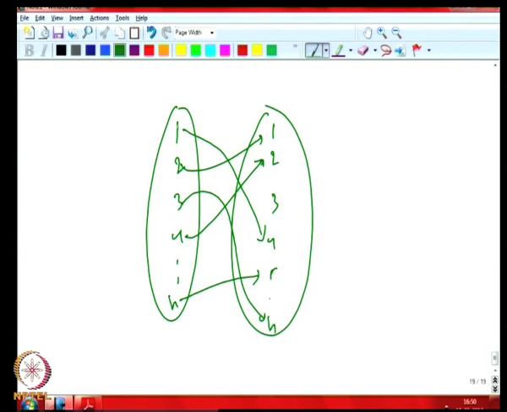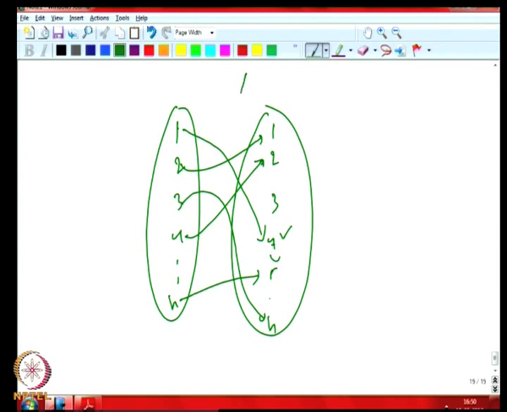Each object here gets a unique object there. This is the image of this, and this is the pre-image of this. If you look from here, there is only one pre-image for each of them, and everything gets a pre-image. That is what the picture of a bijection looks like.